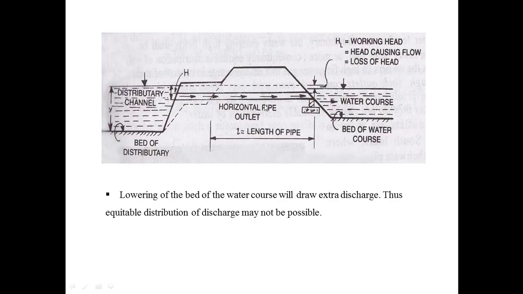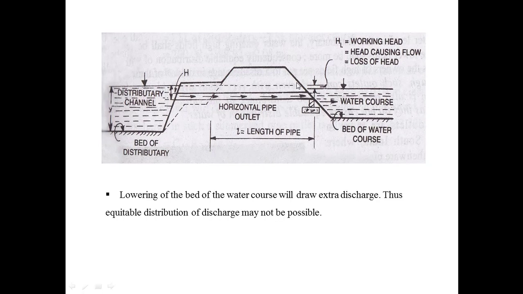As you can see in the figure, this is the bed of the distributary, and this is the distributary channel. This is the bed of the water course. We have to transfer water from here to there. So for this purpose, we have provided a round pipe through which the water moves from here to here. For this, we have to give a working head which causes flow.